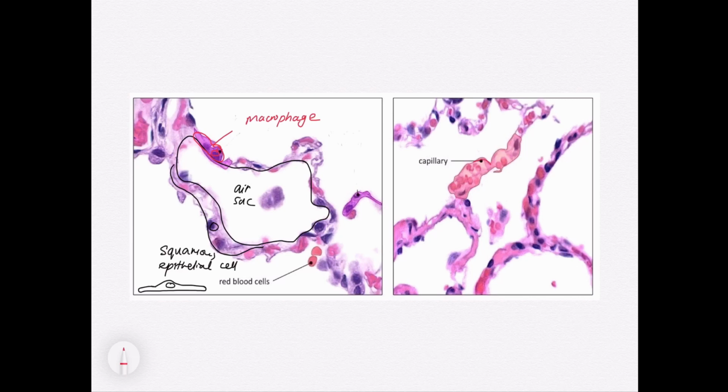If you see a structure with a group of red blood cells, this is most likely the capillary, and most likely a slightly larger one that can carry many red blood cells. But sometimes you can only see one red blood cell trying to squeeze through the capillary found around the alveolus.